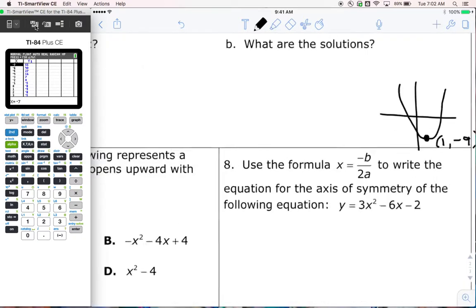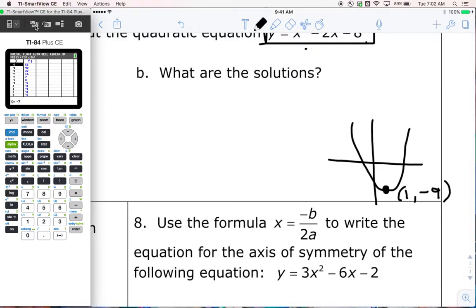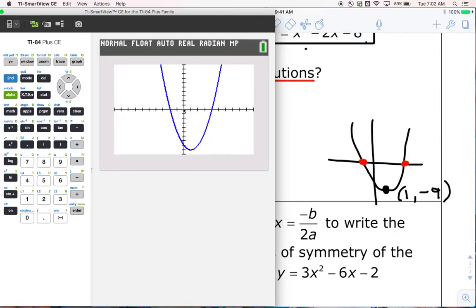And my solutions are the points that are on the x-axis. So that's this point right here and this point right here. So let's see here on my graph again. What are my solutions? These ones are much easier to look at on the graph. Okay, I got one here at negative 2. And I have one over here at 1, 2, 3, 4.